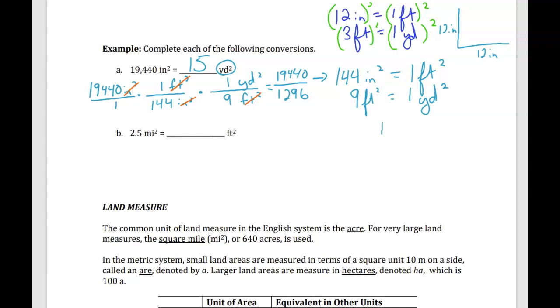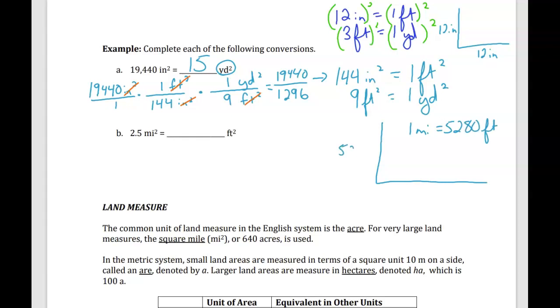So you have to think about this. 1 mile is equal to 5,280 feet.